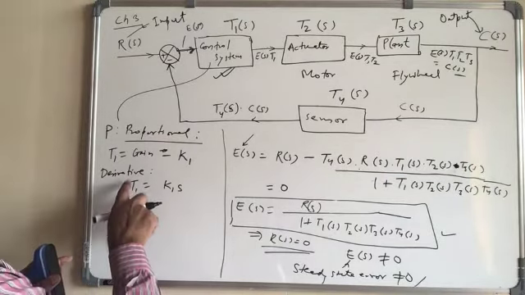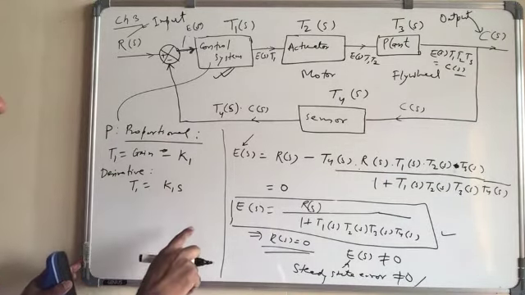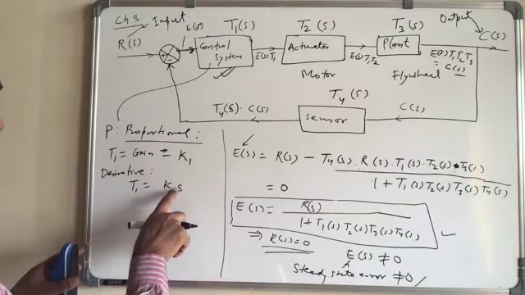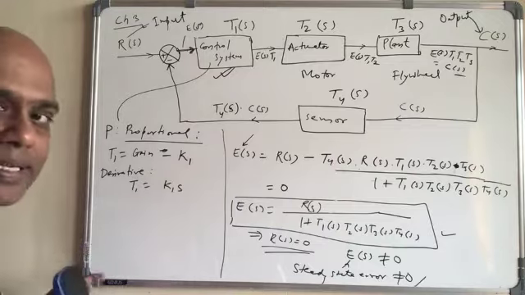As you know, when there is a derivative, you multiply by S, right?